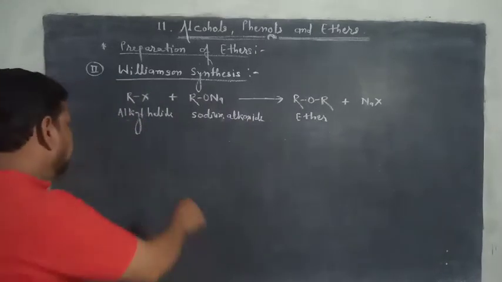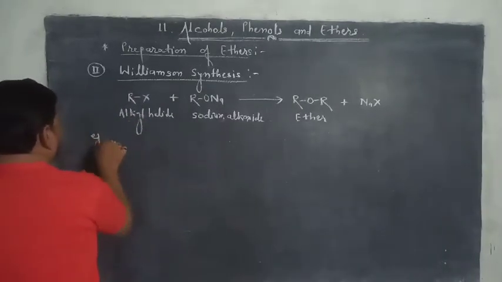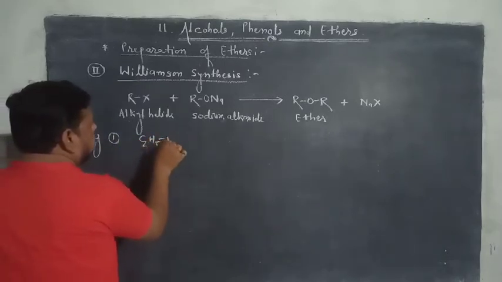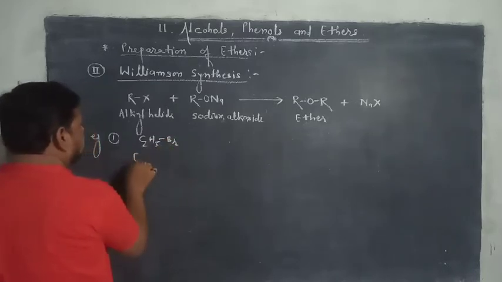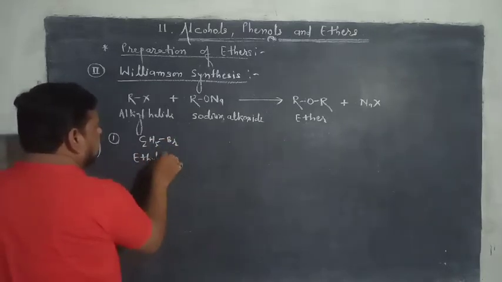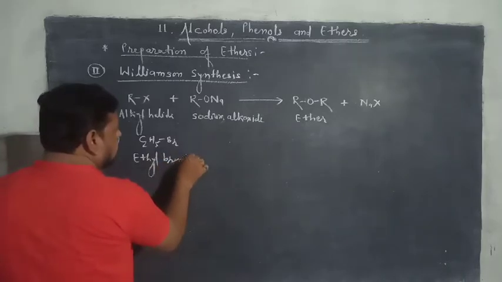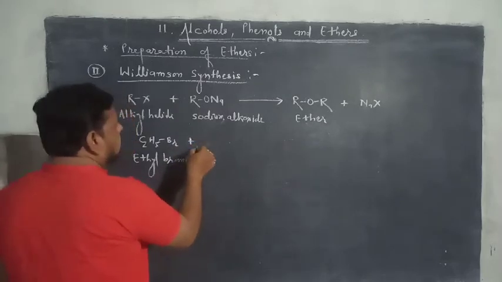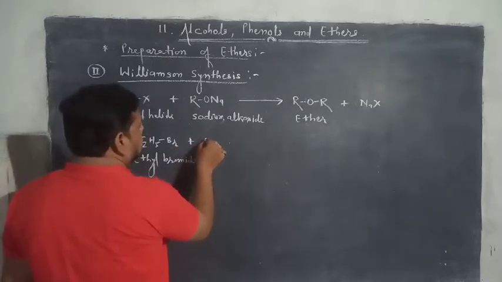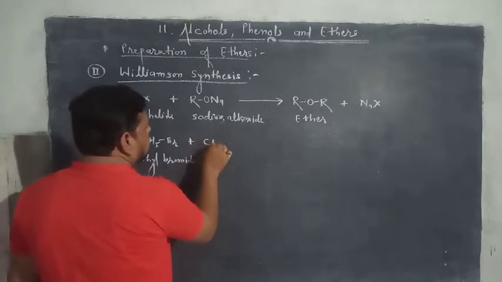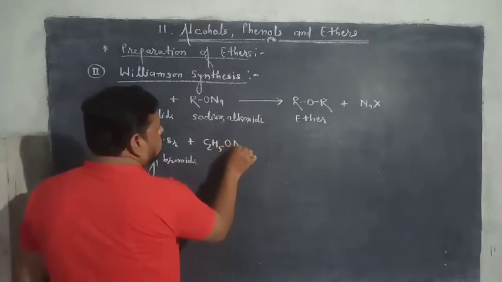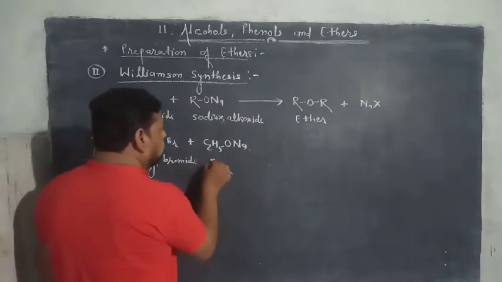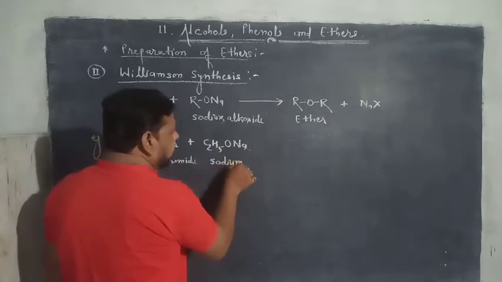Then examples of this method. First example, C2H5Br, ethyl bromide, is treated with C2H5ONa, and the name of this compound is sodium ethoxide.